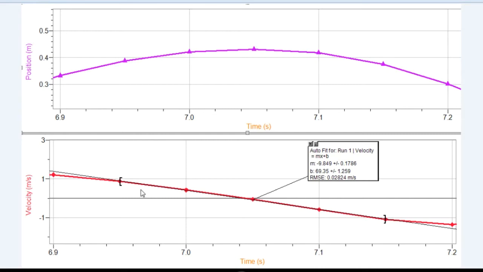And the slope, or the rate of change of my velocity, we see here is negative 9.8, which matches very well with the value we expect for the acceleration of gravity here on Earth.